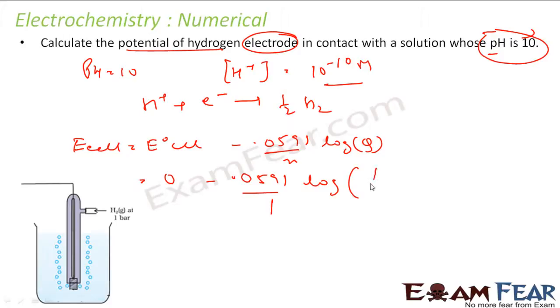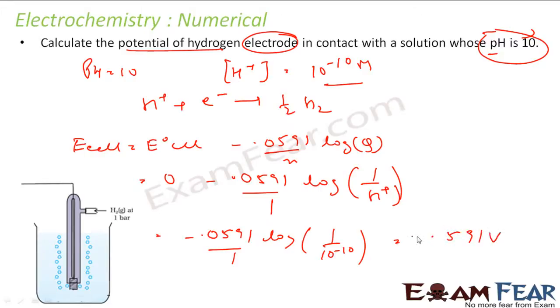This is 1 by concentration of H+. Correct? So you put the value, that is nothing but minus 0.059 by 1 log of 10 to the power minus 10. You solve this, you get 0.591 volt with a negative sign, and that is my answer. Correct?